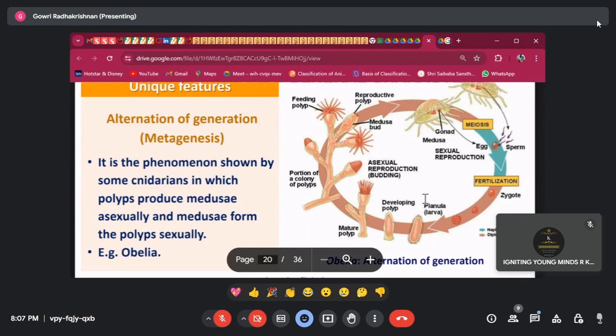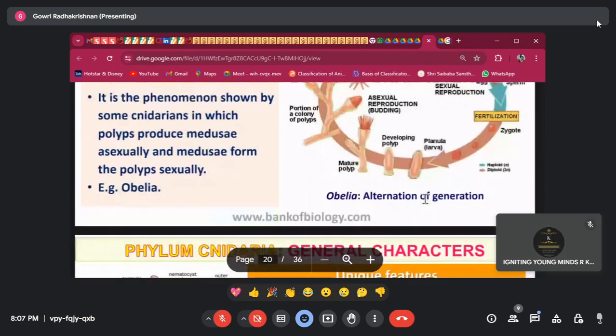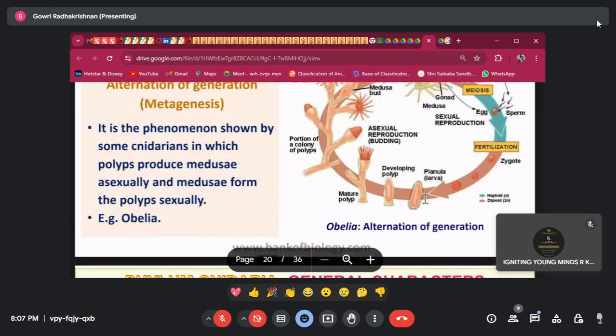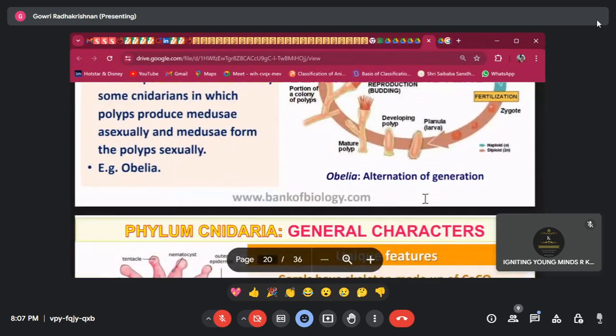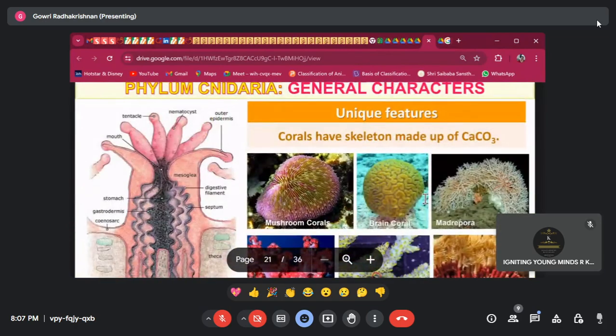This is the alternation of generation, that is metagenesis. It is a phenomenon shown by some of the cnidarians in which polyps produce medusae asexually and medusae form the polyps sexually. For example, Obelia is the name of the animal.